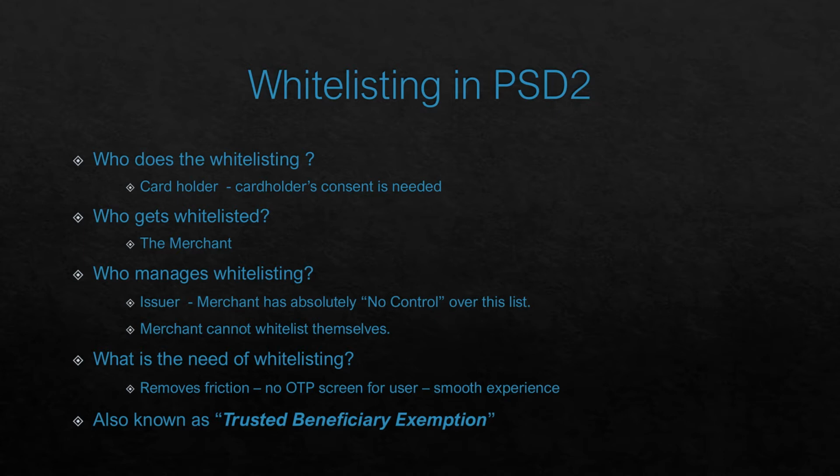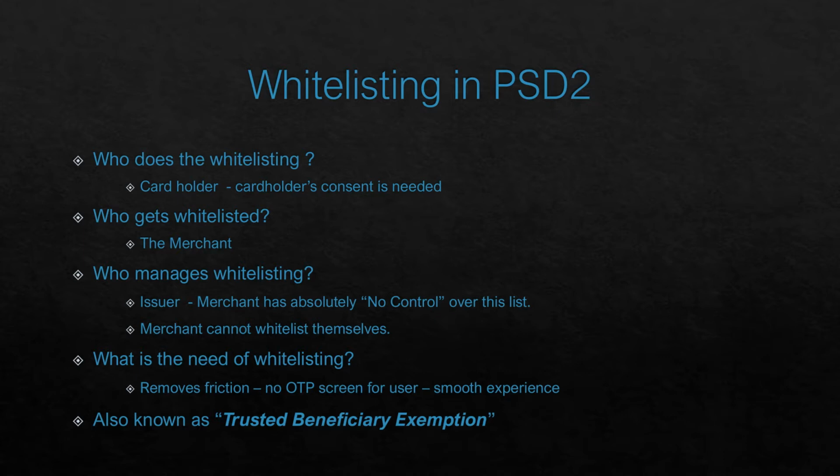For PSD2, SCA has the highest priority and security is the utmost goal. So it is the card holder who asks and gives consent to add a particular merchant as a whitelist for that particular card. How does the card holder ask for this permission?